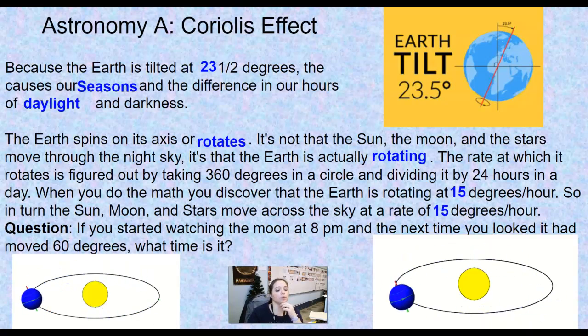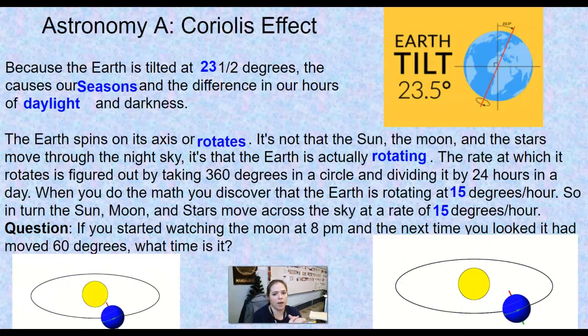Here's a question for you. If I was to use that formula, if you start watching the moon at 8 o'clock at night, and you look away and go do something else, and the next time you look at it, it moved 60 degrees. Well, what time is it?